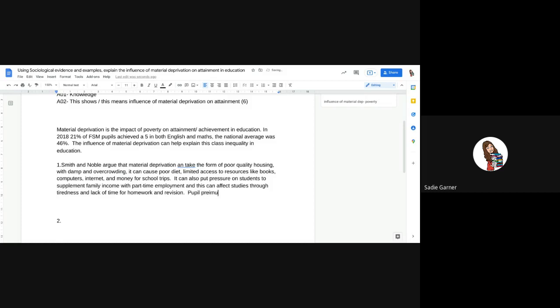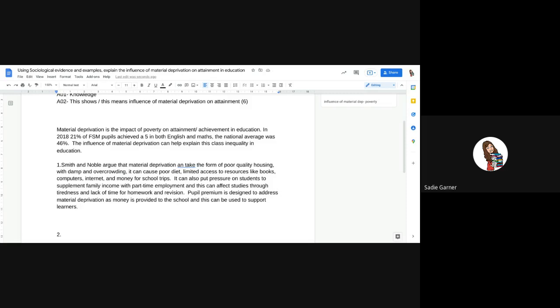Pupil premium is designed to address material deprivation. As money is provided to the school, this can be used to support learners. So Smith and Noble. Little reference there, particularly to my first years.